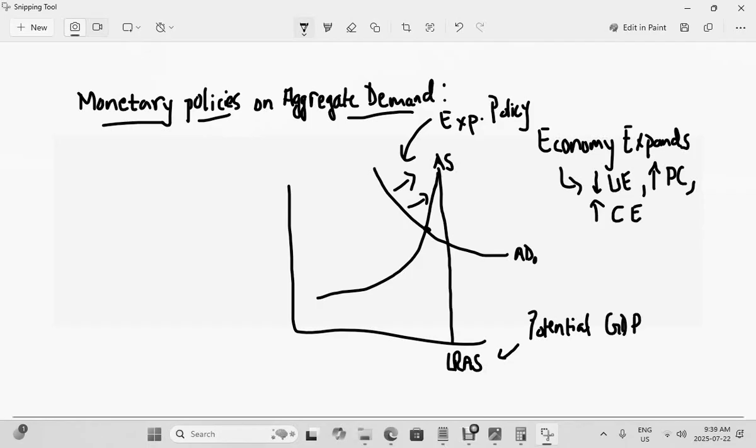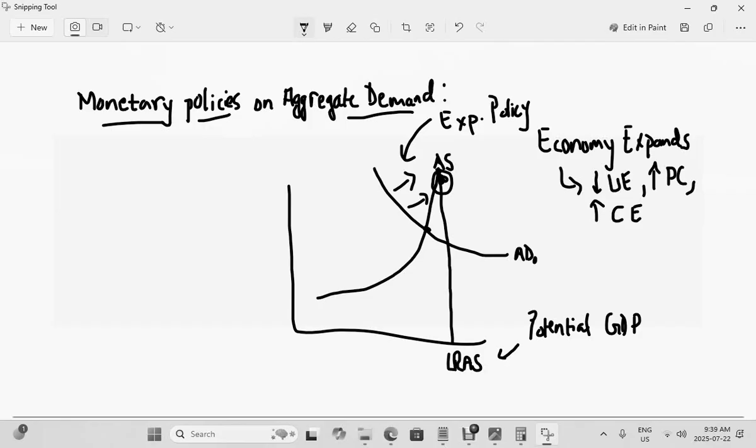And the ideal equilibrium point for the aggregate demand and aggregate supply curve would be somewhere over here on the potential GDP, because at this point, the supply meets demand in a way in which businesses are able to produce efficiently and sustainably without putting too much pressure on the resources like machinery and labor.